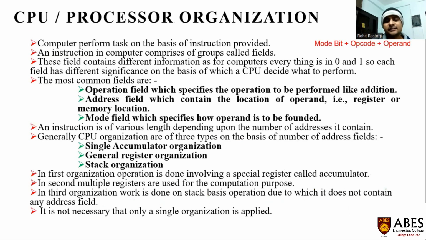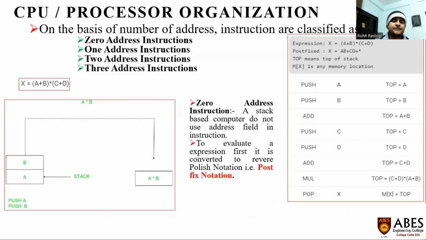So while discussing the different processor organizations, we can say that there are mainly three types: accumulator-based organization, general-purpose register-based organization, and stack organization. So if we see here, there are different types of address instructions: 0 address instruction, 1 address instruction, 2 address instruction, and 3 address instruction.